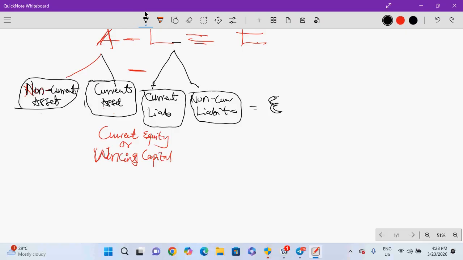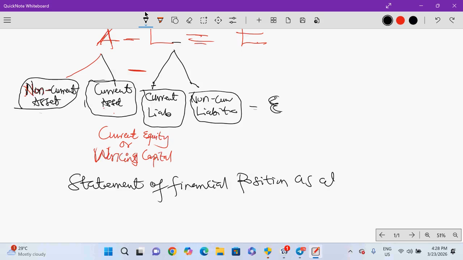But here I'll be using the net asset format, right? So we have the statement of financial position as at maybe 31st December 2024, right?